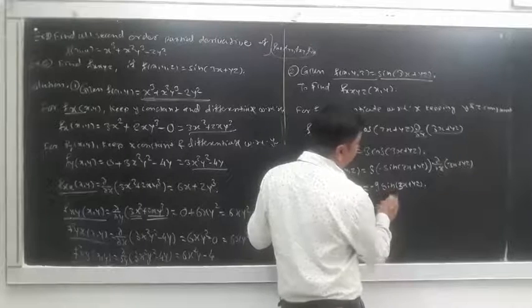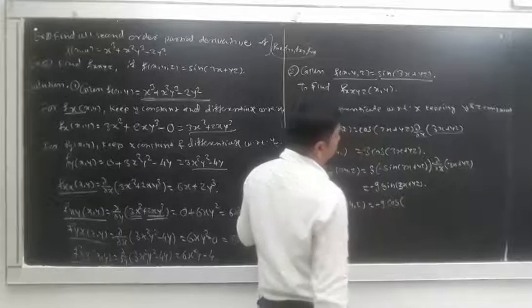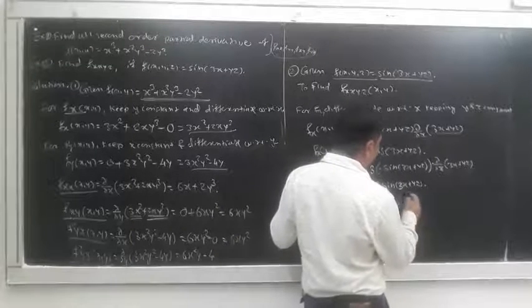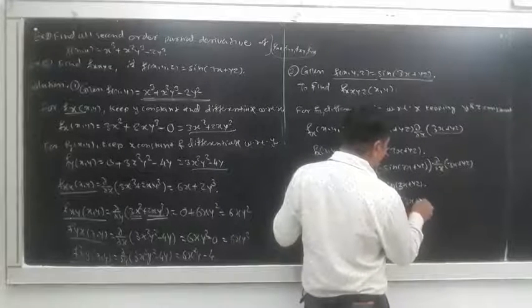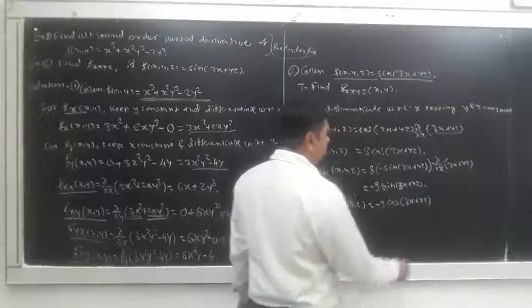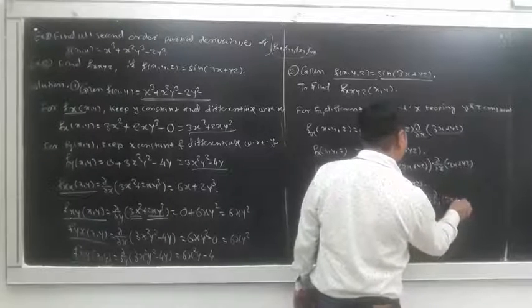Again you have to use the chain rule here. The derivative of sine is cos. So here it is cos of (3x plus yz) into d/dy of (3x plus yz).